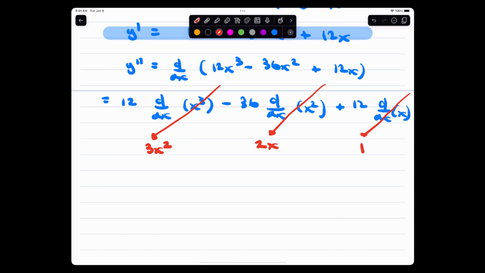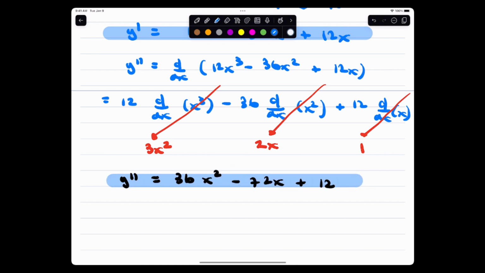And the derivative of x. Okay, so let's put it all together here. That second derivative will be 36x squared minus 72x plus what? Plus 12. Okay, you guys okay with that? Now, how did we get all those answers? 12 times 3, negative 36 times 2, 12 times 1, and there you go. Easy peasy what? Lemon squeezy?